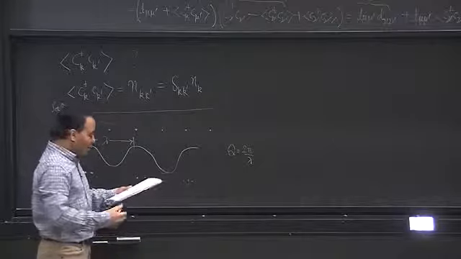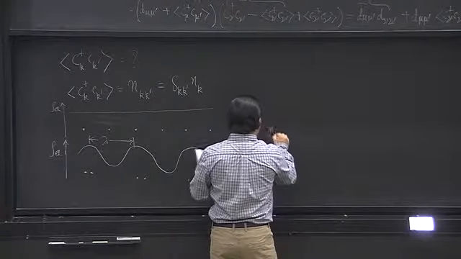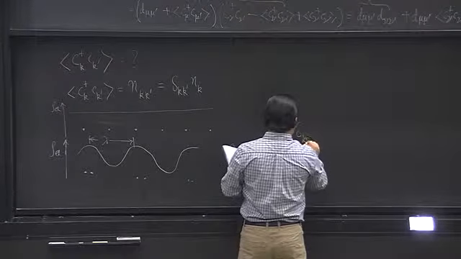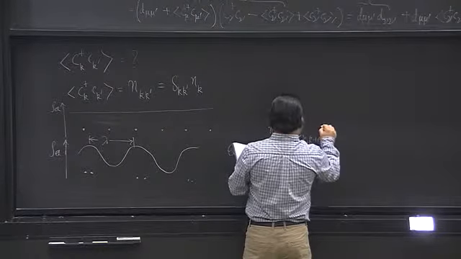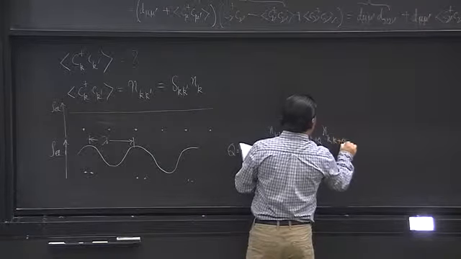So in this particular case, this n_{k k'} would be delta_{k', k+q} n_{k, k+q}.